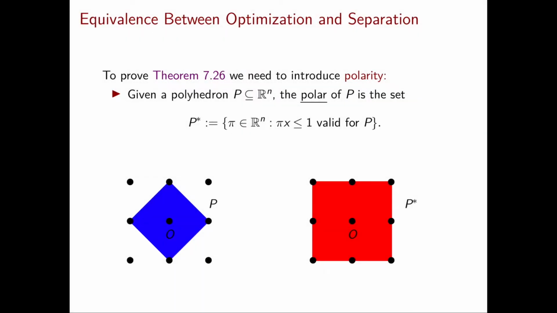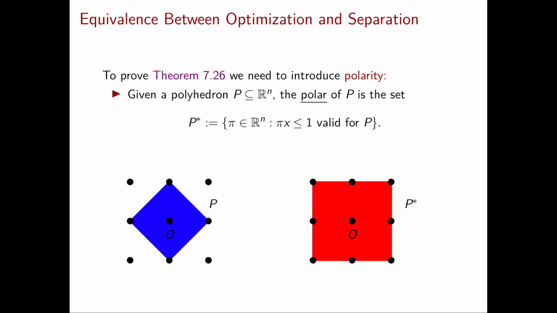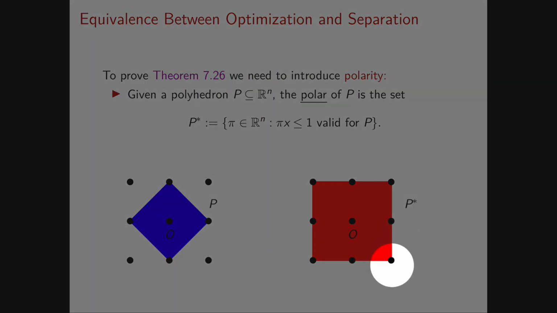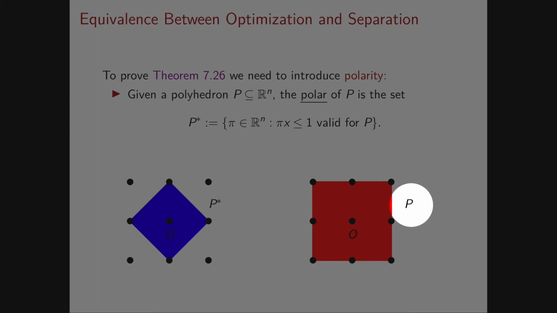So this gives us the point pi equal to minus 1, minus 1, and we obtain this point here in our polar. Similarly, with the other two facet defining inequalities, you will obtain this point here and this point here. And it's a very good exercise at this point to check that indeed P star is just the convex hull of these 4 points.